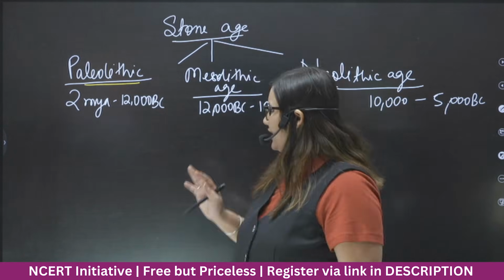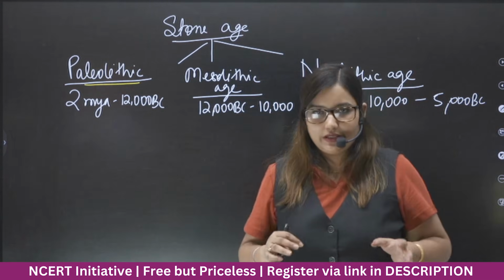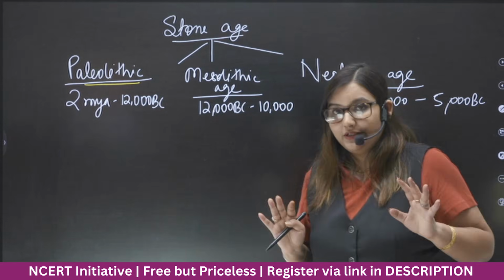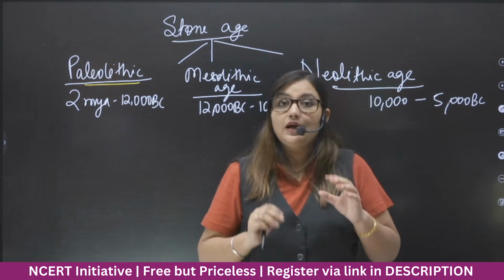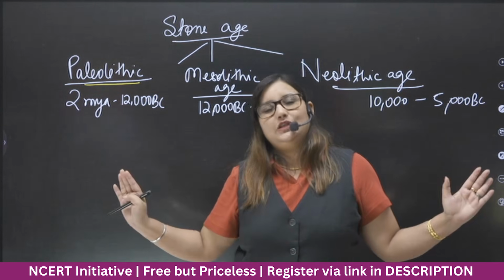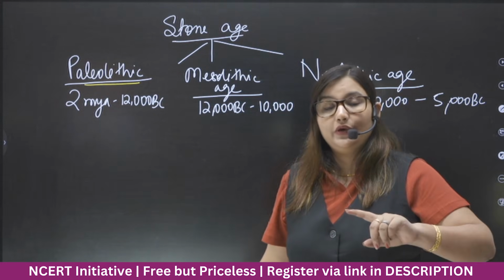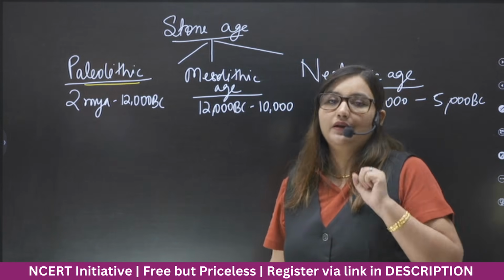The Mesolithic age can also be divided into the lower Mesolithic and upper Mesolithic. But that lower, middle and upper division is more important for the Paleolithic age. Why? Because the time period is huge. When you have such a long span of time, you can divide it into three parts. Fine. It will give you a better understanding.